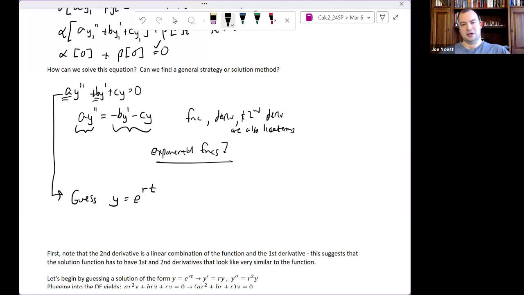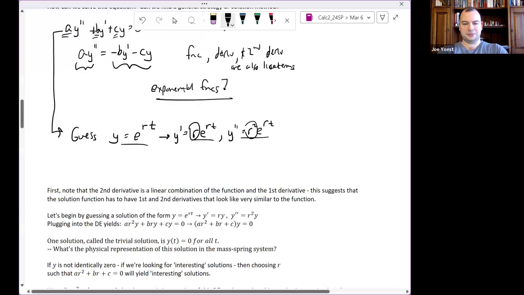I can now choose r based on a, b, and c, and maybe try to fit this model to an individual differential equation. So y, y prime, and y double prime are all going to play nice together. But I do have maybe just enough complexity that I can fit my model, my guess, to the differential equation I want to solve.